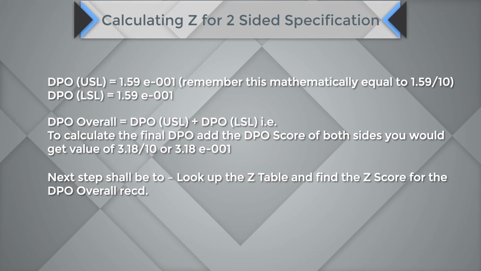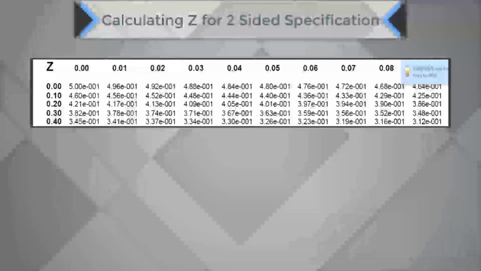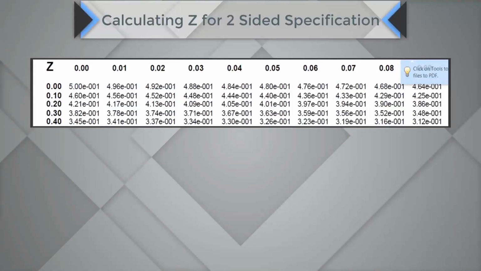Next step shall be to look up the Z table and find the Z score for the overall DPO received. Last time we looked at the Z table to find out the DPO scores. We wanted to find out the DPO score for a Z equal to 1. Now we have to do the reverse. Now we know the DPO scores and we want to find the Z value for that. We have to start searching for 3.18 E-001.